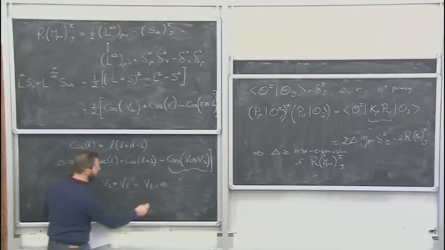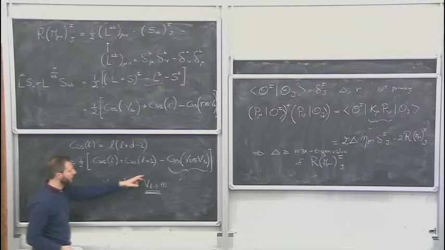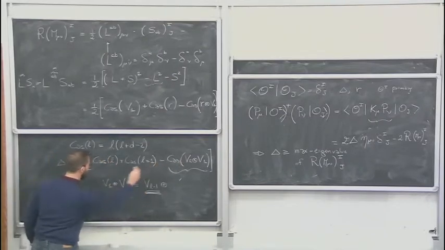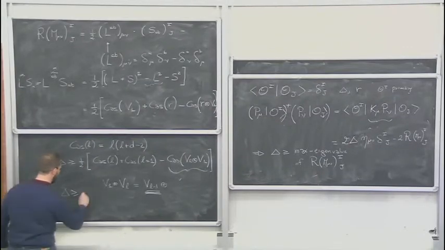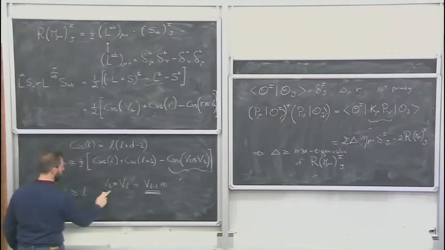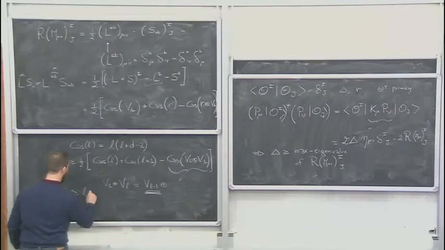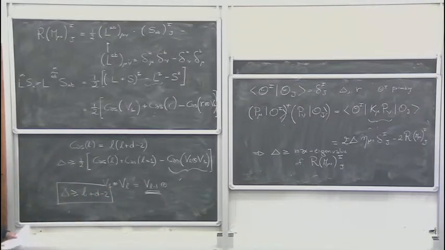So this is the one that we are going to be interested in, because it has the smaller Casimir. So if I use this, I obtain a very simple relation, which is delta has to be larger than L, just plugging in all this formula here for different values of L, L plus D minus 2.